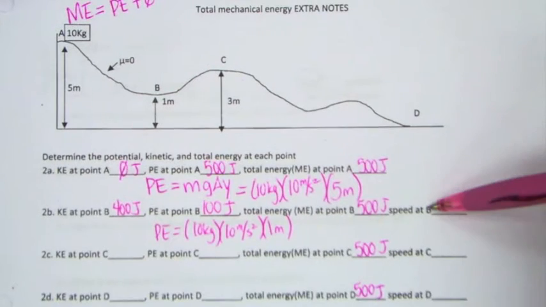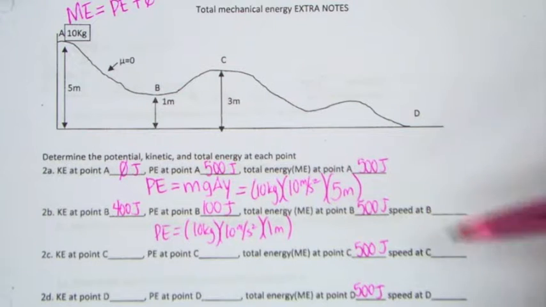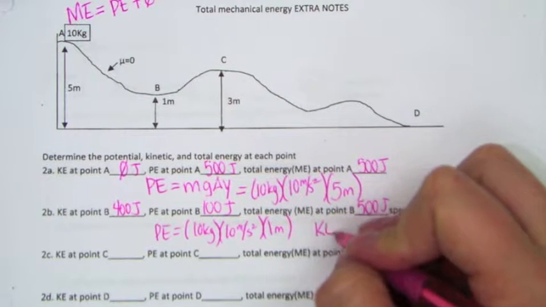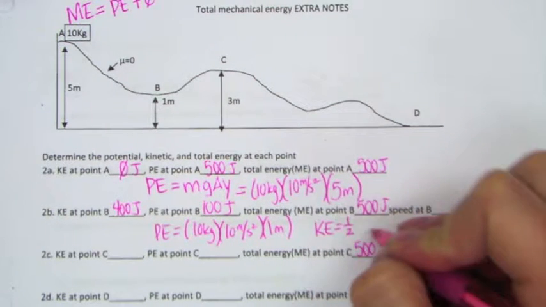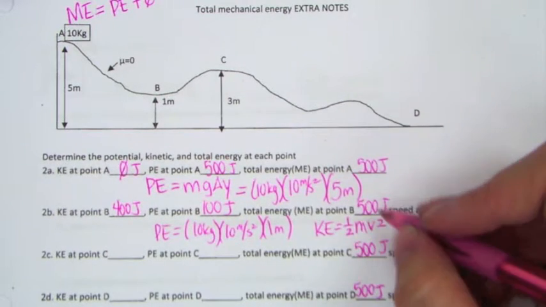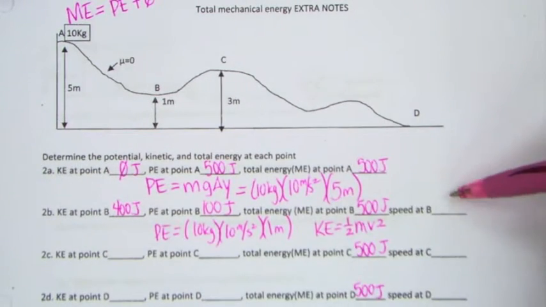In order to find the speed at B, I need to use an equation that has V in it. The only equation that has V in it is the kinetic energy equation. So once I have the kinetic, I can find the speed.